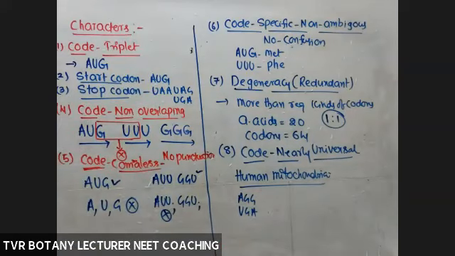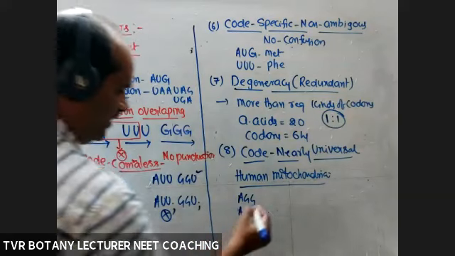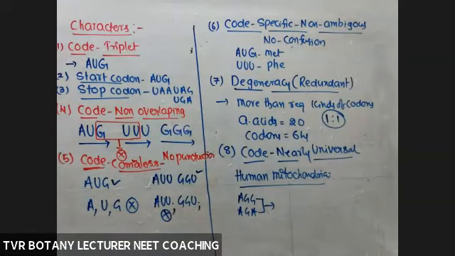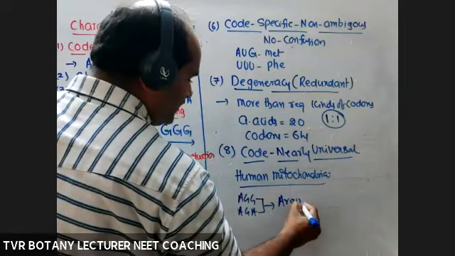AGG. AGA. Memorize this one, please. So actually, they code for what type of amino acid? Actually, according to genetic code, they code for arginine. Not easy to memorize.